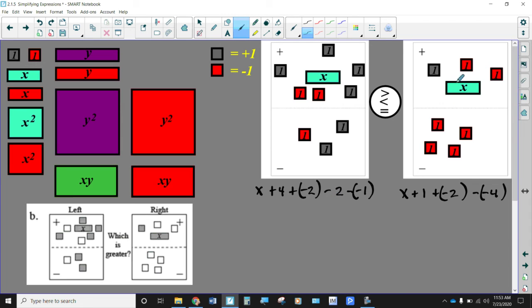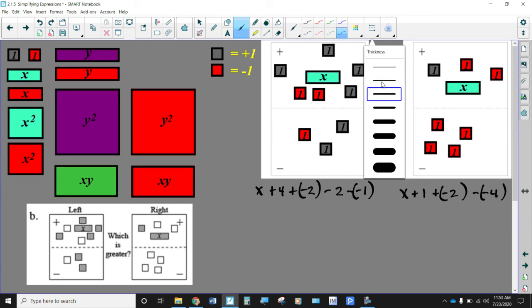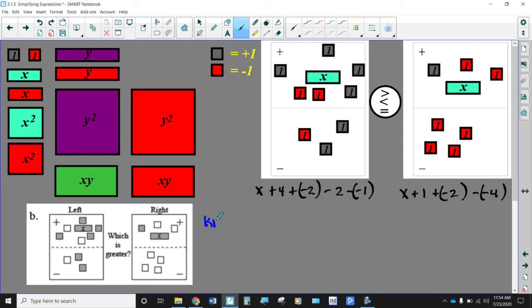And here we have your x plus your 1 plus your negative 2 minus your negative 4. So if I start off with KFC, that is us moving these guys across the street. And when you do that, they become their opposites. So that becomes a negative, that becomes a negative, and this guy becomes a shaded and positive.